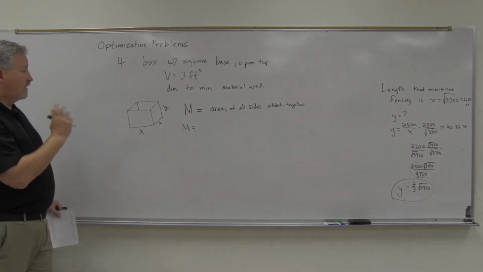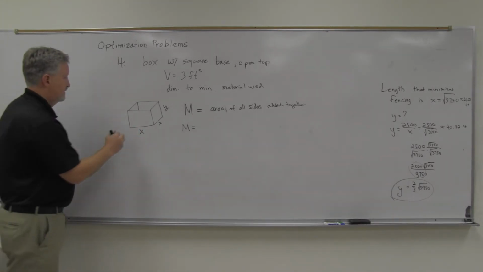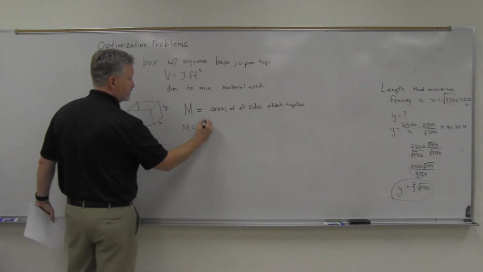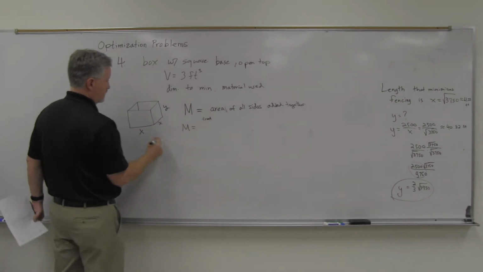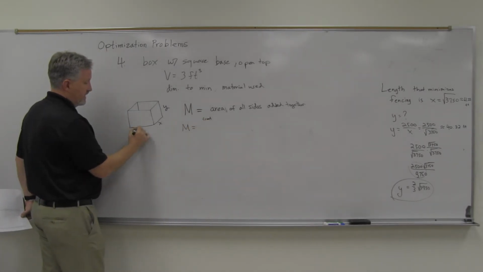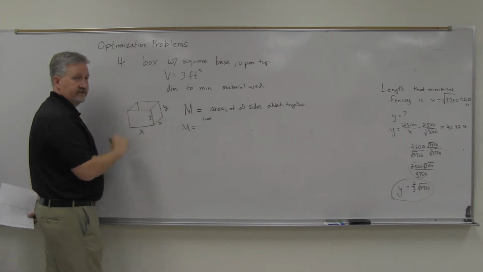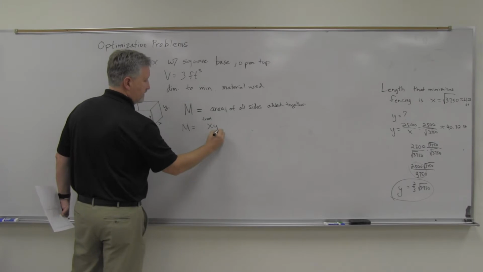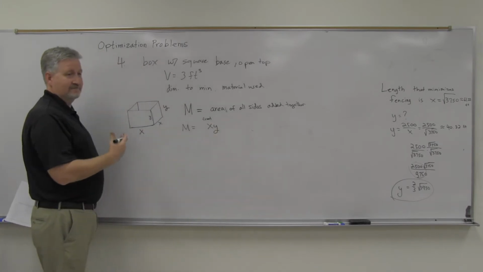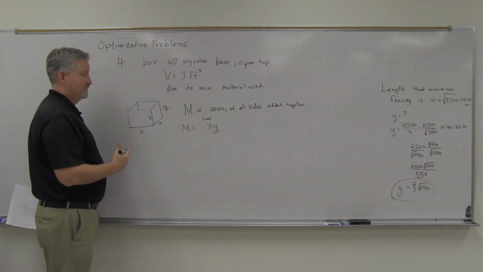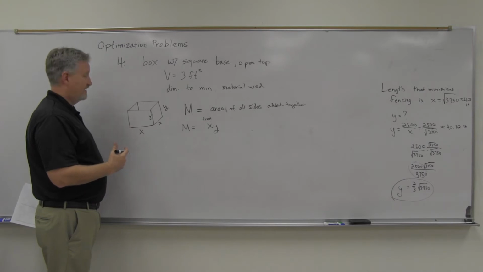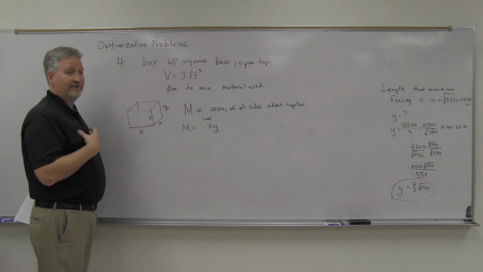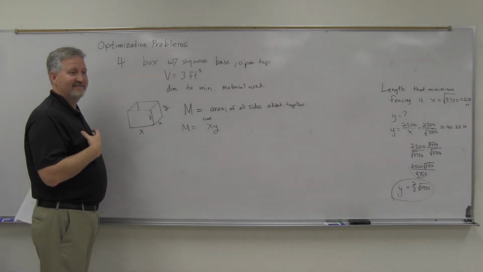All right, let's start with the front. What's the front area? Well, I've got an x by y rectangle, so the area of that front is going to be xy. Now, let's make this as easy on us as we can. What do you notice about the other sides?